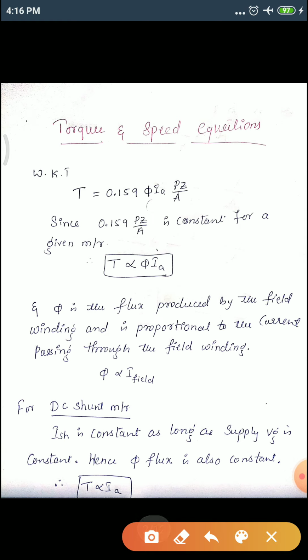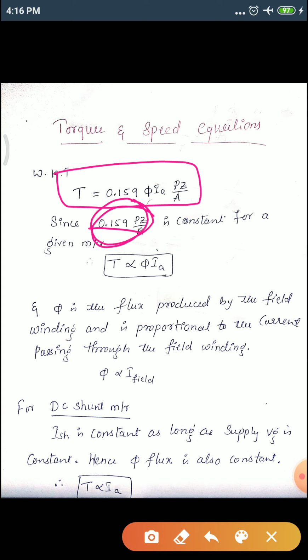As we have seen, the torque of the motor is 0.159 phi Ia PZ by A. Since 0.159 and P into Z by A is a constant for a given motor, the torque is proportional to phi into Ia.